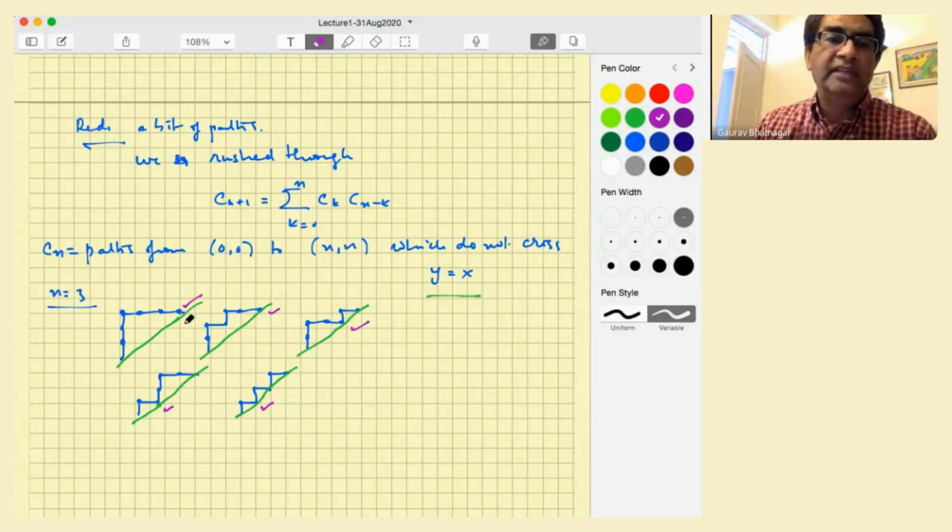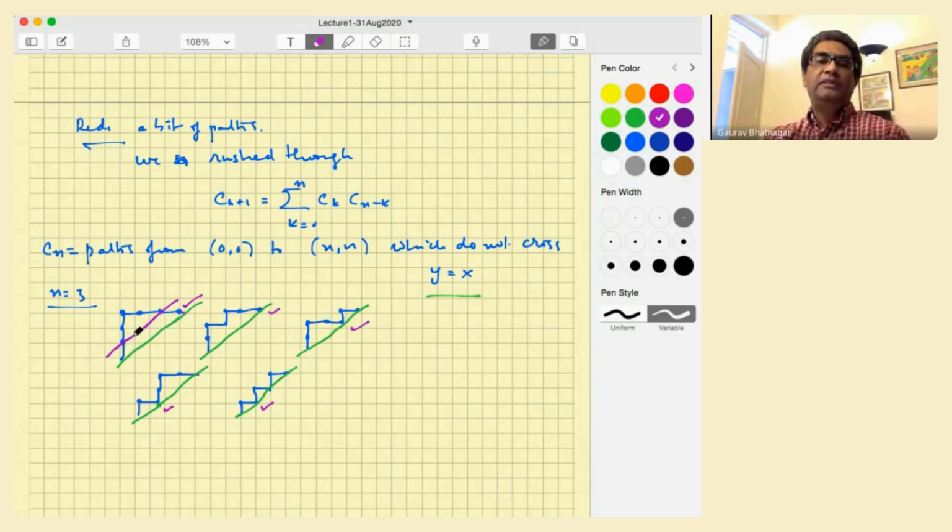Suppose it touches at k, then this corresponds to the paths from this point to this point. So basically going from (0,0) to (2,2).